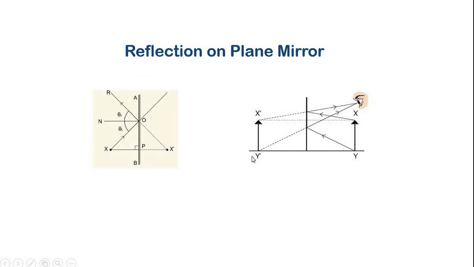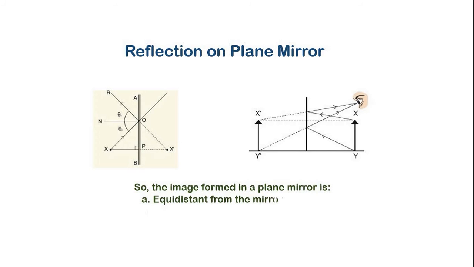We can clearly see that the length of XY is equal to the length of X prime Y prime, and the arrowhead of X prime Y prime is in the same direction as XY. So, the image formed in a plane mirror is equidistant from the mirror, virtual, straight or erect, and equal to the size of the object.